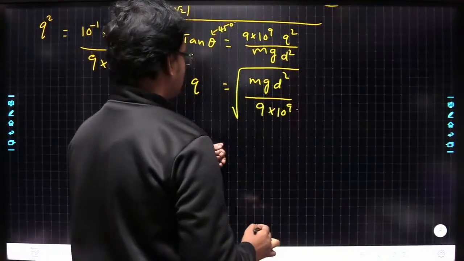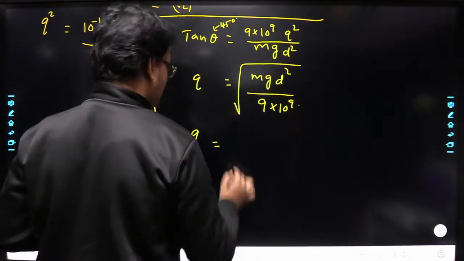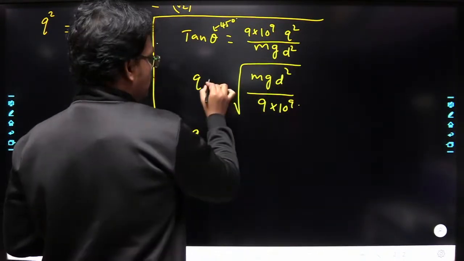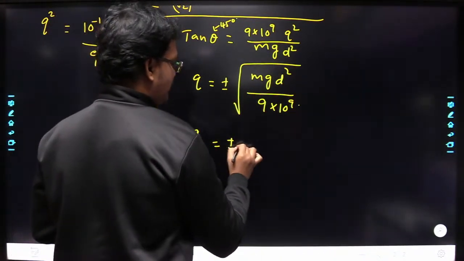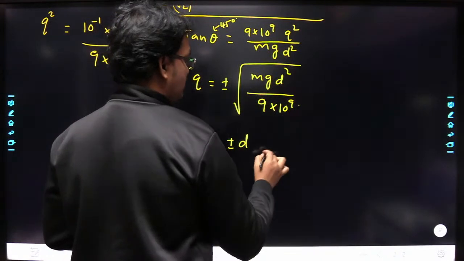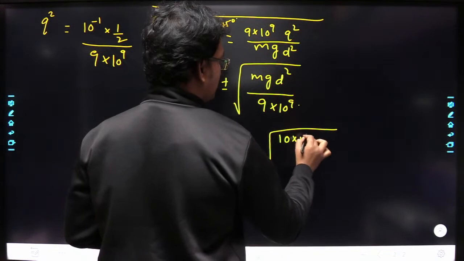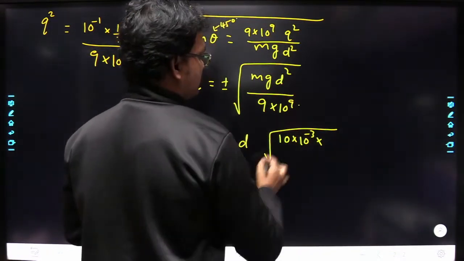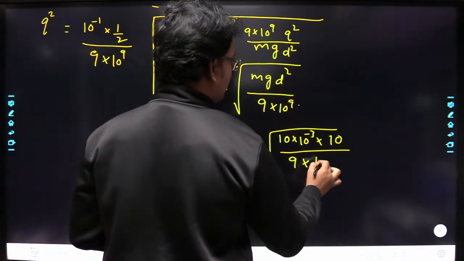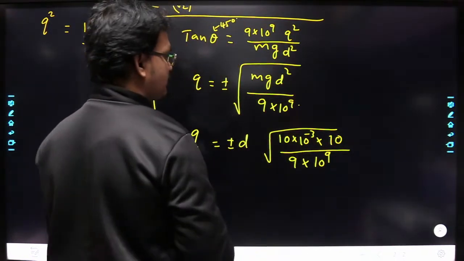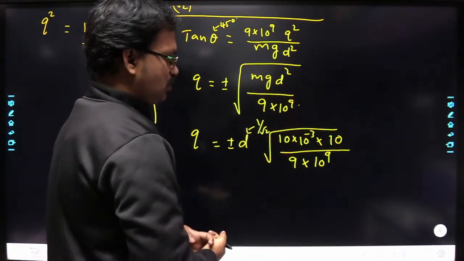Okay, so q is equal to plus or minus square root of m g d square, so you can take d square common. Mg is 10 grams, that is 10 into 10 power minus 3, g is 10, divided by 9 into 10 power 9, and d value we got as 1 by root 2.